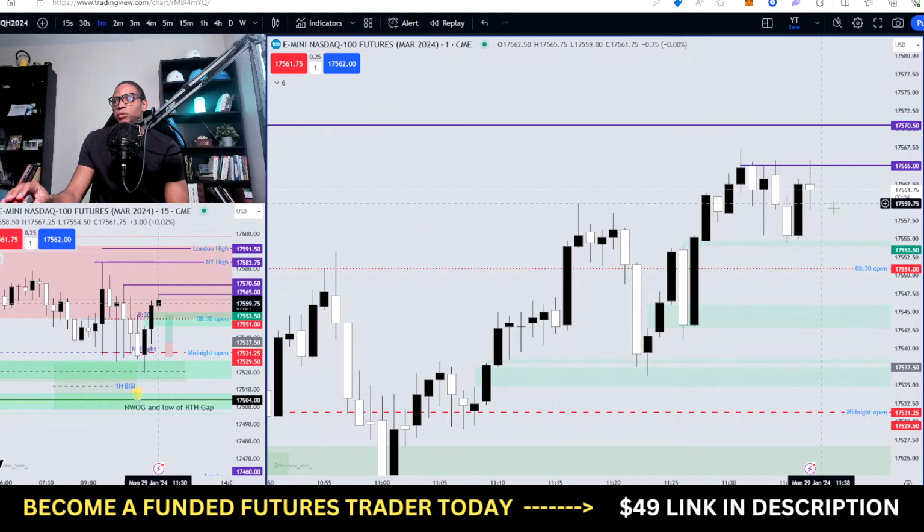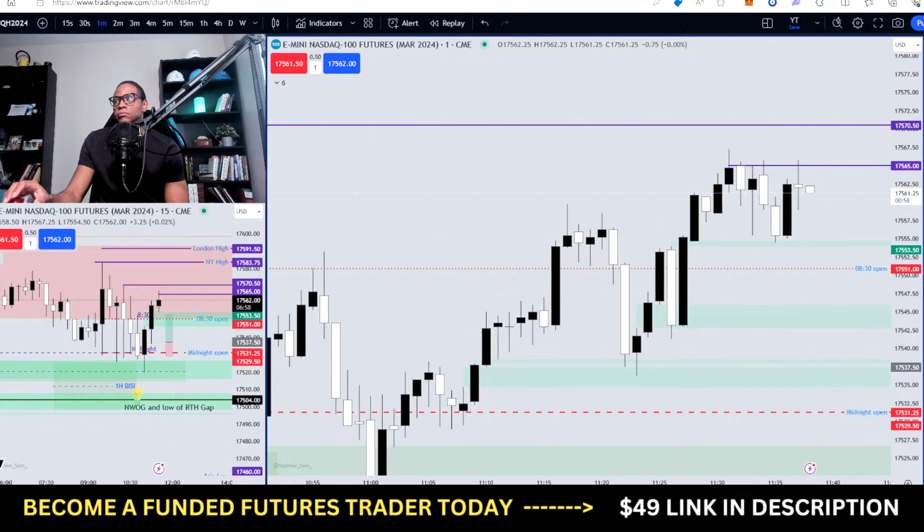Let's see if we get some speed here now that we had immediate rebalance. Also, we had these highs that were eclipsed, and now we had a retracement back down, just a retracement back to these highs.